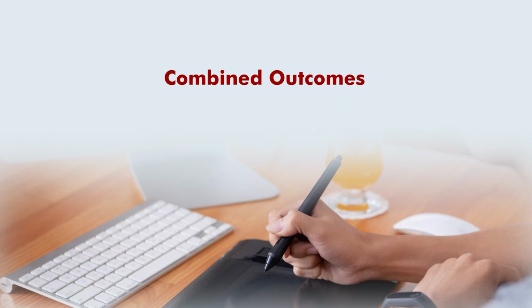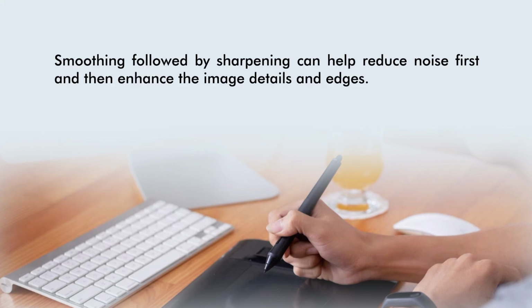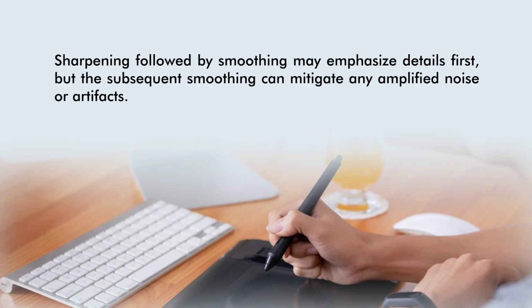Then combined outcomes: when using both smoothing and sharpening together, the outcomes depend on the order of application and the specific methods chosen. Generally, smoothing followed by sharpening can help to reduce noise first and then enhance the image details and edges. Sharpening followed by smoothing may emphasize details first, but the subsequent smoothing can mitigate any amplified noise or artifacts.